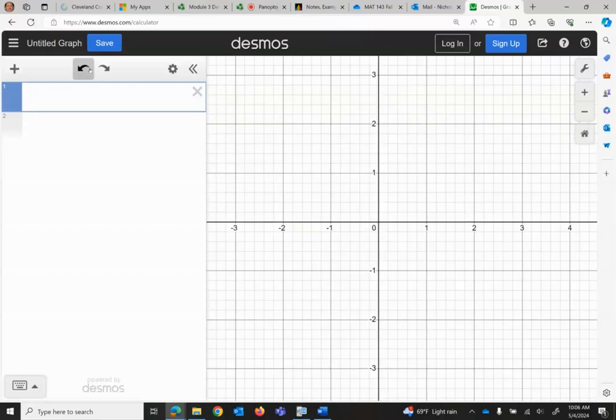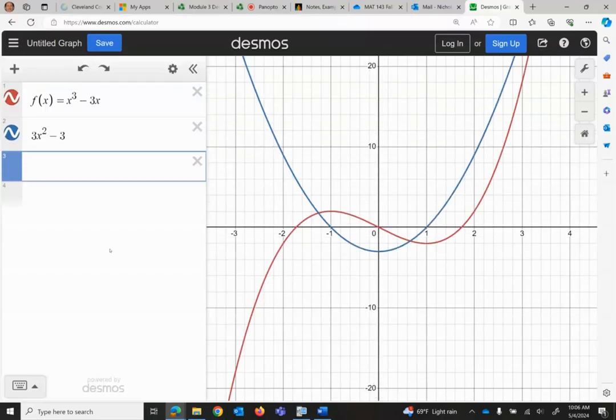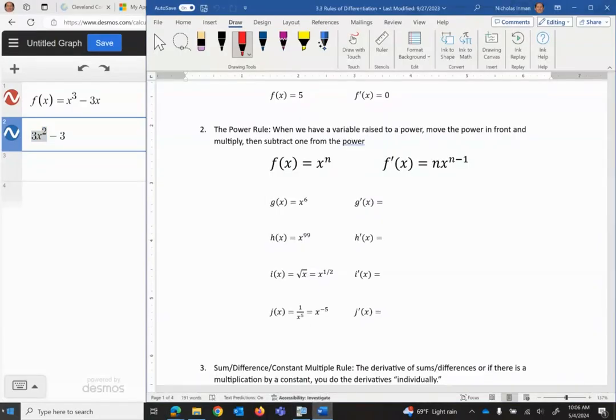The derivative of a power, like x cubed, we did a few of these. What we figured out was that it was 3x squared. This part became this part. You see the 3 moved in front and we went down to its second power. That is exactly what we call the power rule.